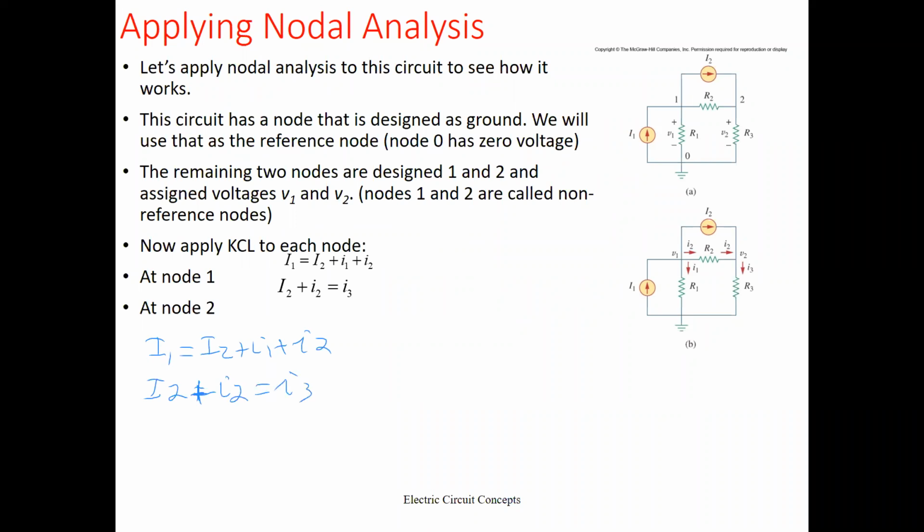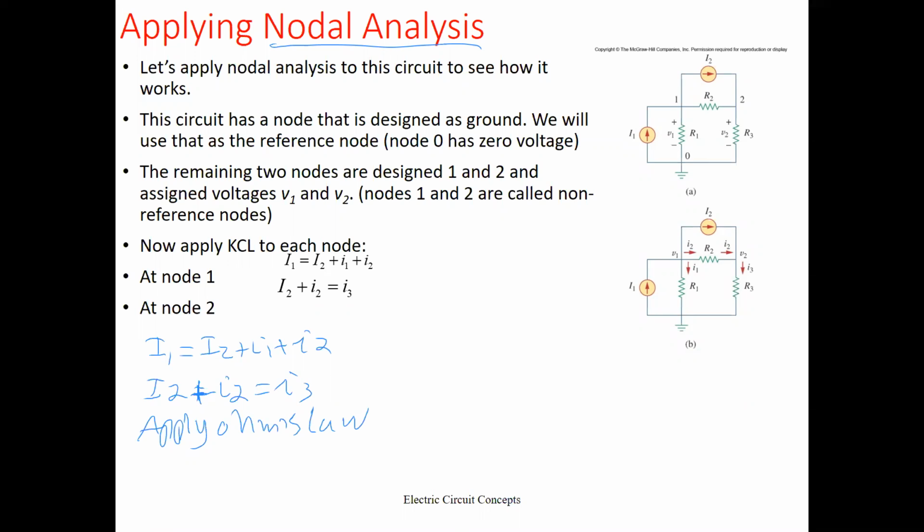Now after we apply KCL, we need to apply Ohm's law, which means I want to convert the currents in terms of the nodal voltages. That's why we call it nodal analysis. Nodal analysis is to solve for the nodal voltages. Mesh analysis is to solve for the loop or the mesh currents.